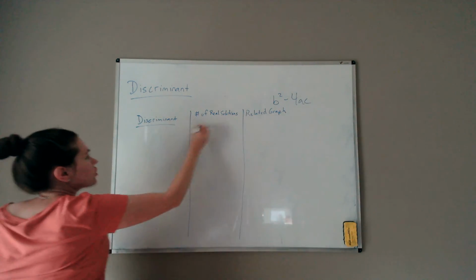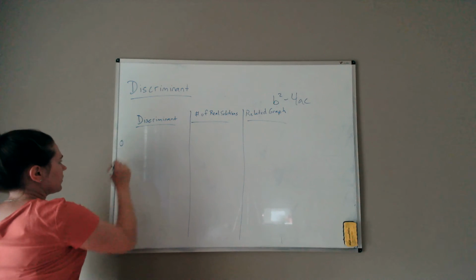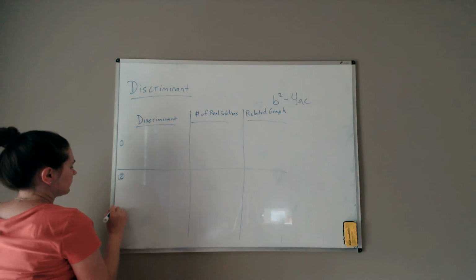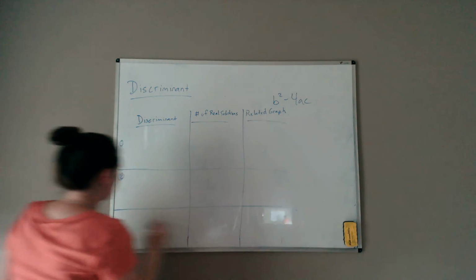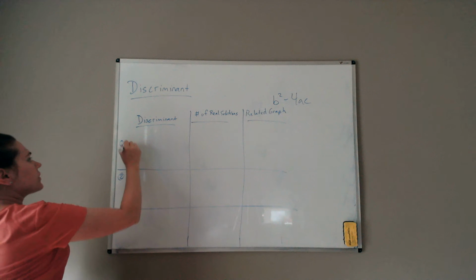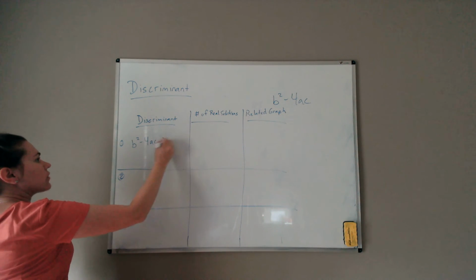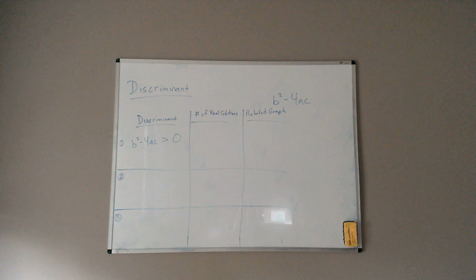We're going to make a chart, okay, and there's going to be 3 parts to it. So when b squared minus 4ac, when you take that value, when it is greater than 0, you will have 2 real solutions.